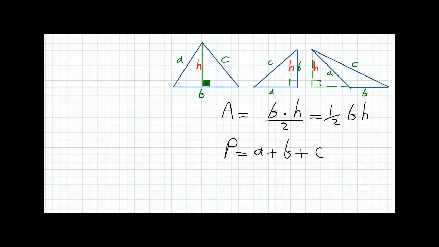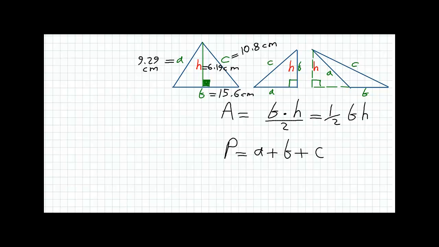As an example, suppose that for this triangle on the left, the base is equal to 15.6 centimeters, the height is equal to 6.19 centimeters, side A is equal to 9.29 centimeters and side C is equal to 10.8 centimeters.